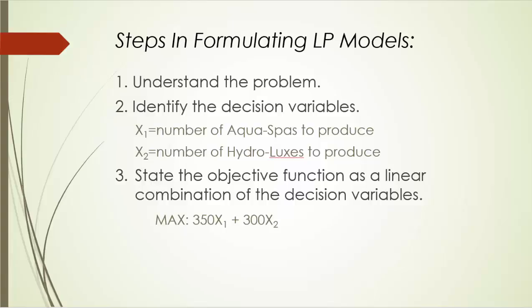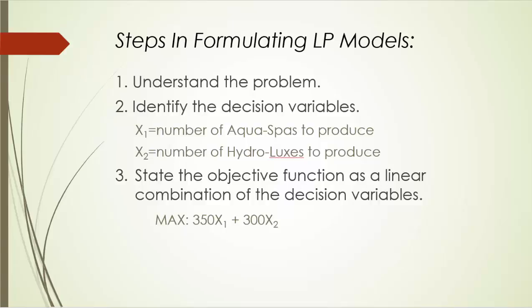Here, 350x1 is the profit the company can generate from making and selling aqua spas, and 300x2 is the profit that the company can get from making and selling hydrolaxes.